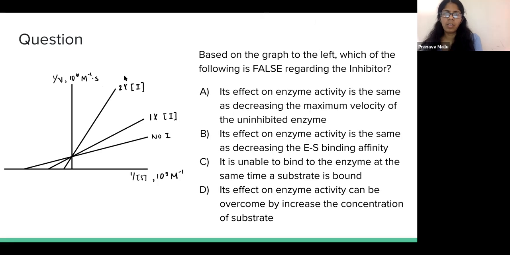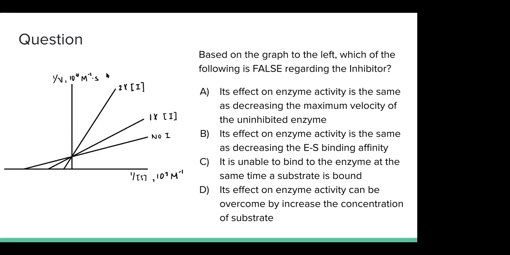Or does anyone at least want to say what type of inhibitor they think it is before we get into the answer choices? Would it be competitive? Yeah. Why do you say it's competitive? Because the Vmax isn't changing, which here it's the same y-intercept, even though the slopes are changing, which is like the Km is increasing.